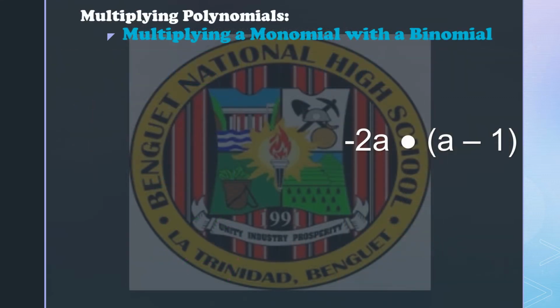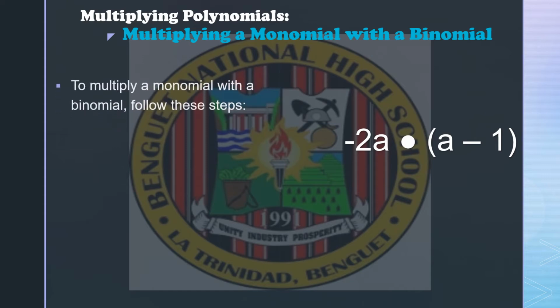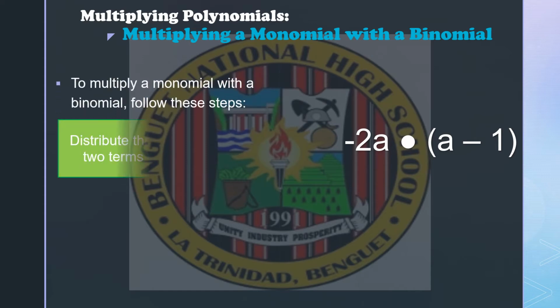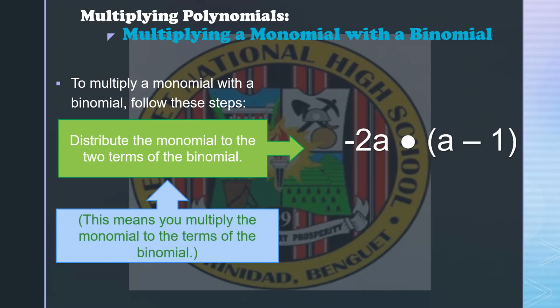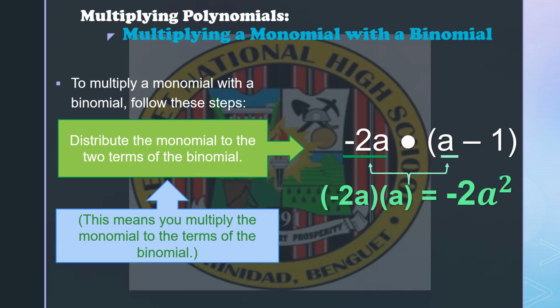When we multiply a monomial with a binomial, we follow the distributive property of equality. We distribute or multiply the monomial to the terms of the binomial. In our example, we multiply -2a to a and -1, which are the terms of the binomial.